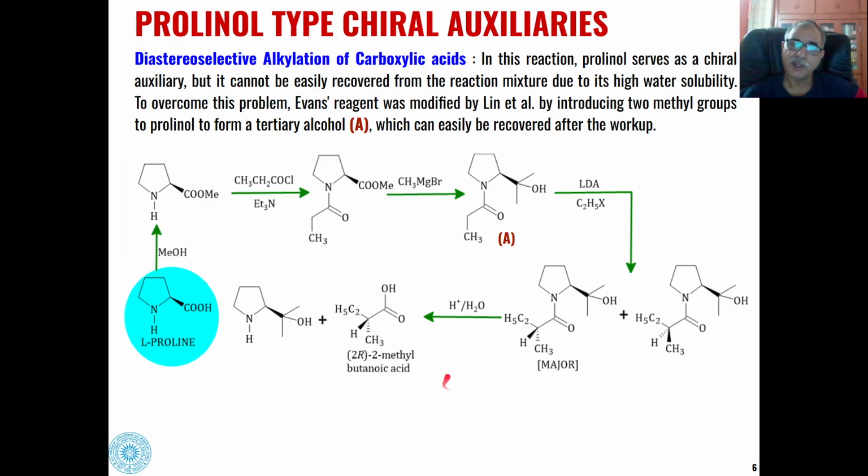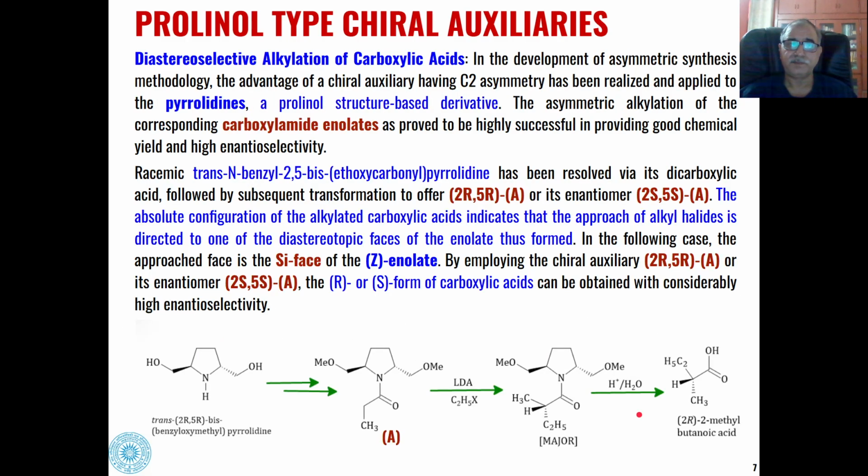So here if we start with this type of chiral auxiliary, we will get R 2-methyl butanoic acid or R alpha substituted carboxylic acids as the major products. So this is how we can have asymmetric carboxylic acids from these types of chiral auxiliaries.